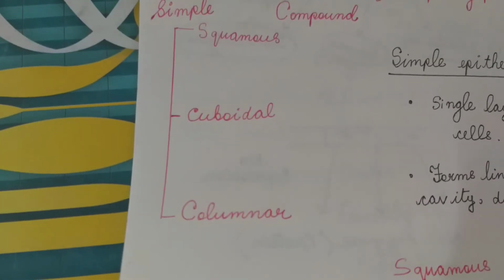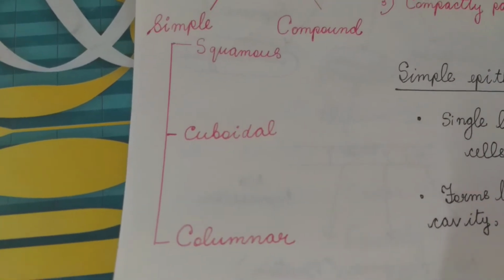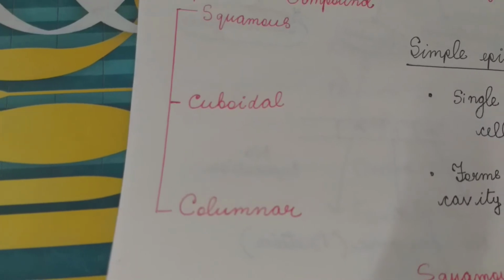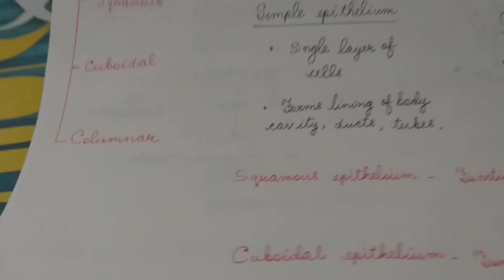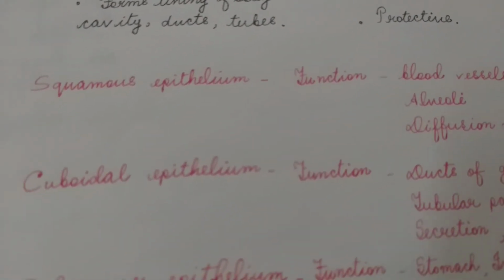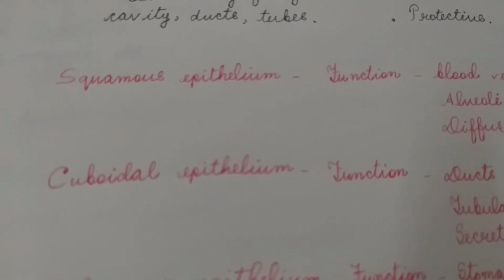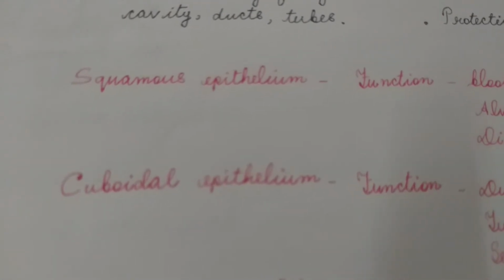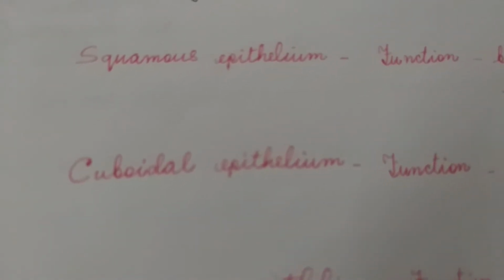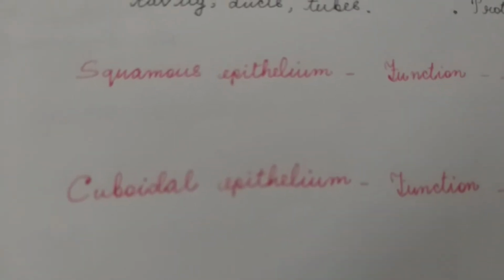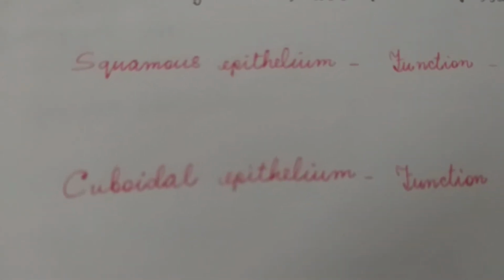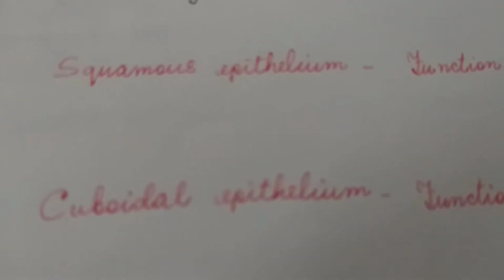Now, simple epithelium is of 3 types: squamous epithelium, cuboidal epithelium, columnar epithelium. Squamous epithelium is a simple epithelium in which the cells are thin with irregular boundaries. The outline is irregular. The cells are thin and flattened, just like a leaf.